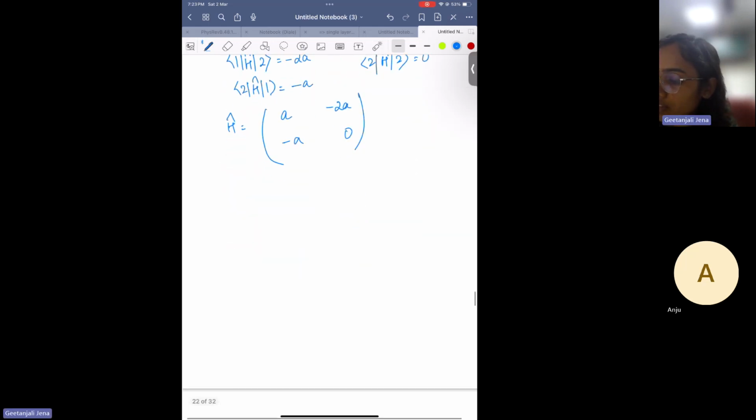This is a simple matrix. You can easily find the eigenvalues. Just solve this equation: determinant of H minus lambda equals 0.